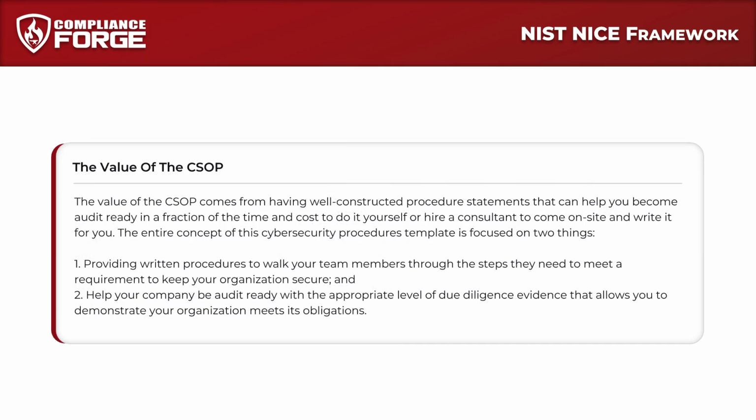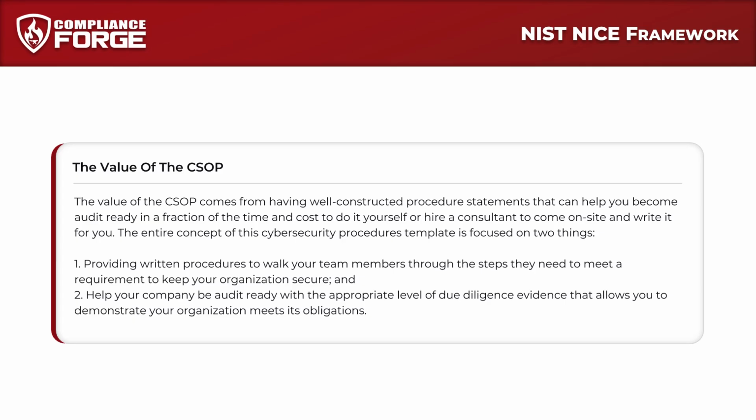At the heart of it, the CSOP provides an organization with clear cybersecurity procedures that can scale to meet the needs and complexity of any team. The procedures are mapped to leading frameworks, so it is straightforward to have procedures that directly link to requirements from NIST 800-171, ISO 27002, NIST 800-53, and many other common statutory, regulatory, and contractual frameworks.